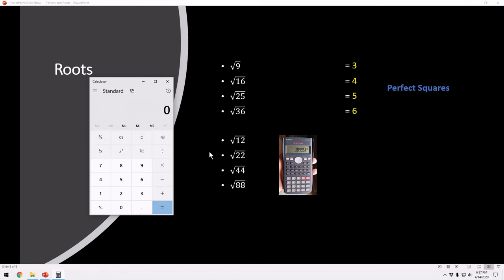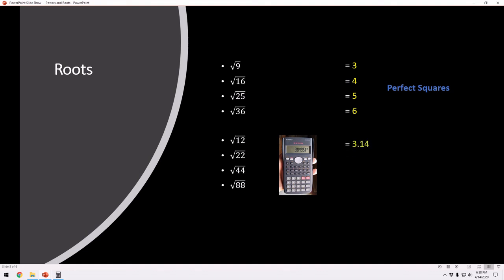Now let me do the next number, the square root of 22. On my calculator, I type 22 and then press the square root key. That's equal to 4.69. Very nice. And this is how I do all the following square roots of the numbers that are hard to do by head or with paper and pencil, where I have to use a calculator.